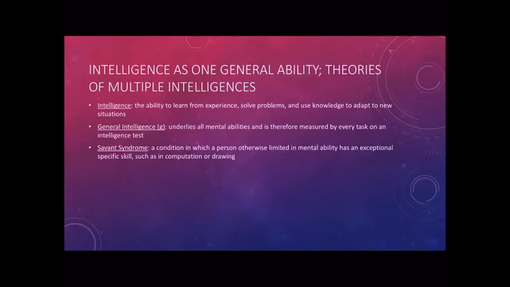As we talk about savant syndrome, I want you to understand that you should always link savant syndrome with Gardner's theory of multiple intelligences. Savant syndrome shows really good support for Gardner's theory. This is because savant syndrome refers to a condition where someone has a very low mental ability in general, but they have one talent or one skill that they just absolutely excel at.